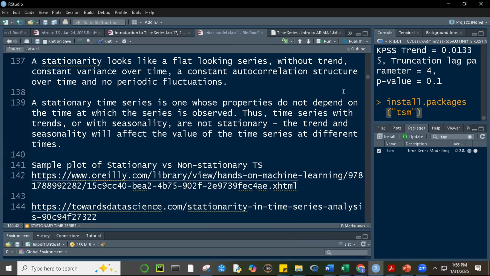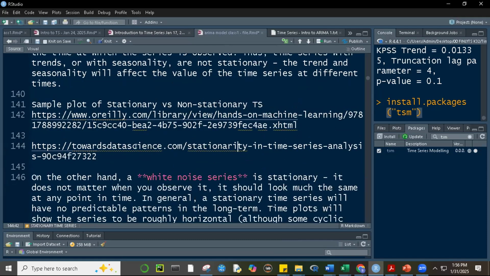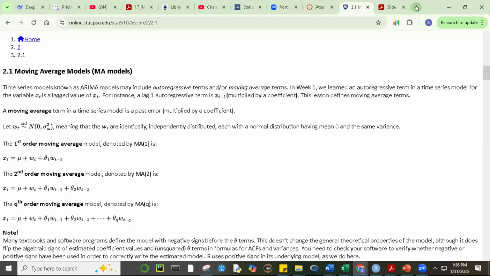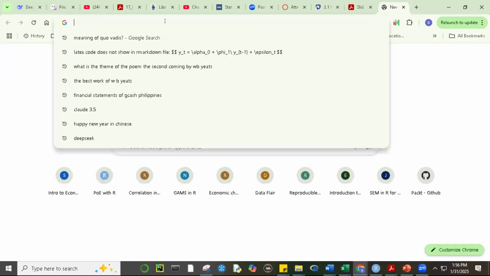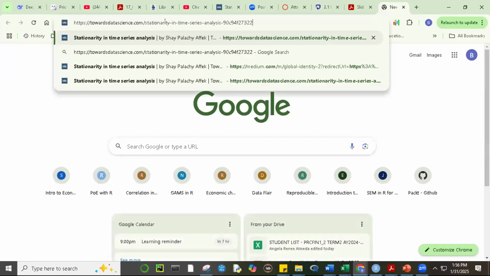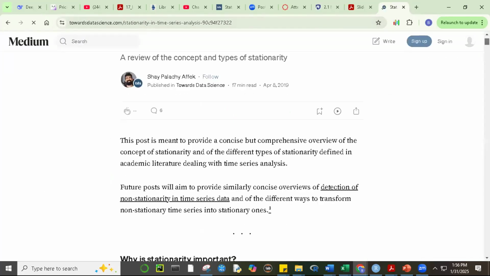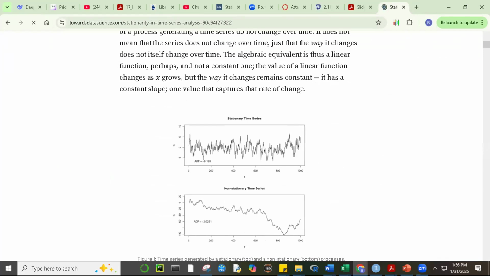Okay, so let's take a look at this. Maybe the second one. Let's copy this and take a look at the plots. Although we have discussed this, let's just paste it and I'll show you. This is stationary.